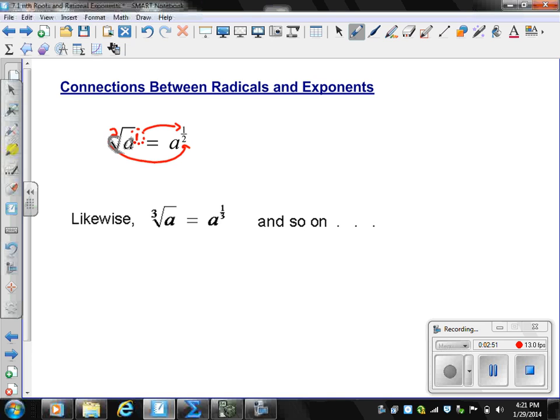So we can expand this out for other expressions as well, like the cube root of a to the 1. That's really a to the 1/3. This also works if we're doing, let's say, the 4th root of b to the 3rd. Can you guess what this is going to be? Well, this is going to be b to the 3/4.